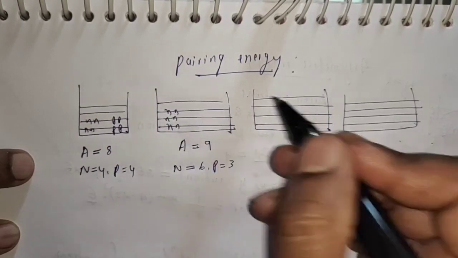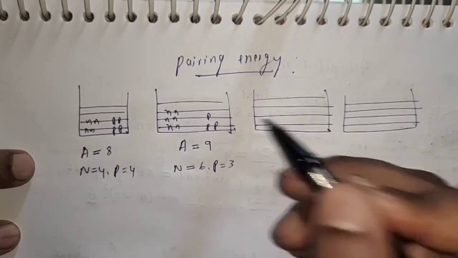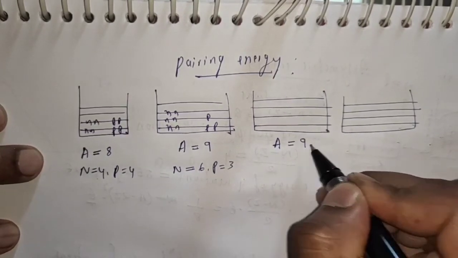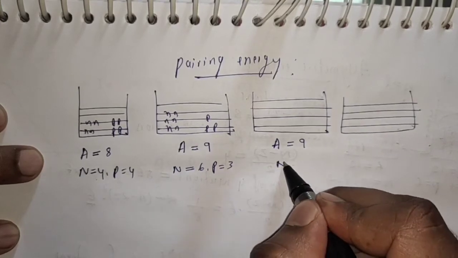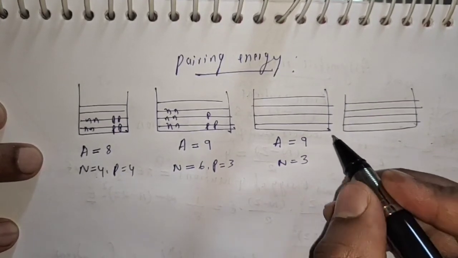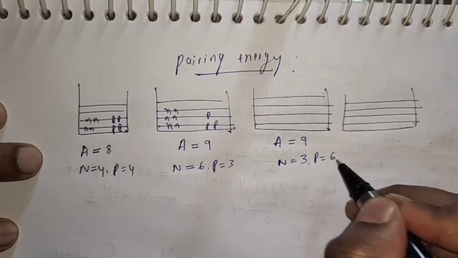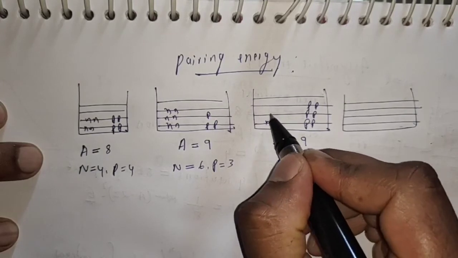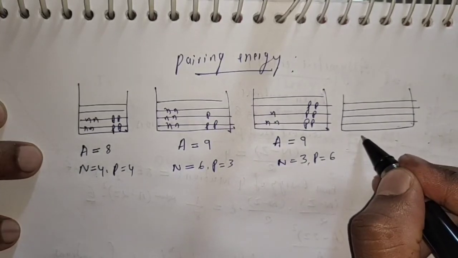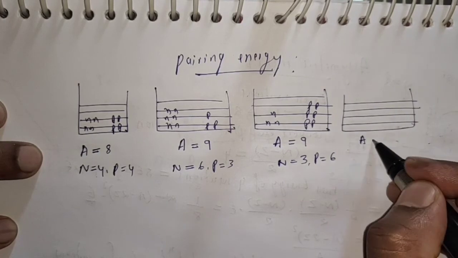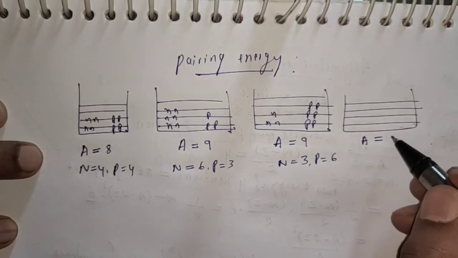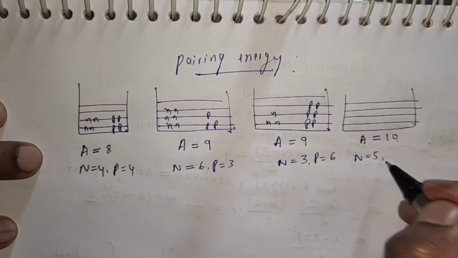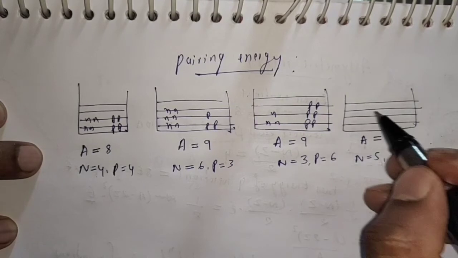This is how protons and neutrons occupy energy levels. And in this example I am going to take the same mass number 9, but number of neutrons equal to 3 and number of protons equal to 6. Here this is how. And in this case I am going to take mass number 10 and number of neutrons equal to 5, number of protons equal to 5.